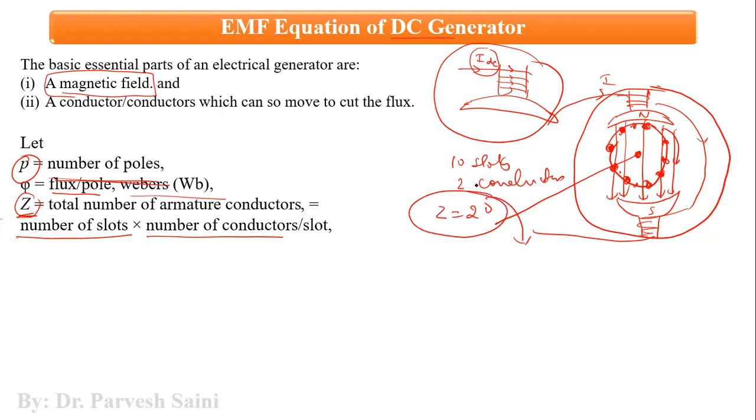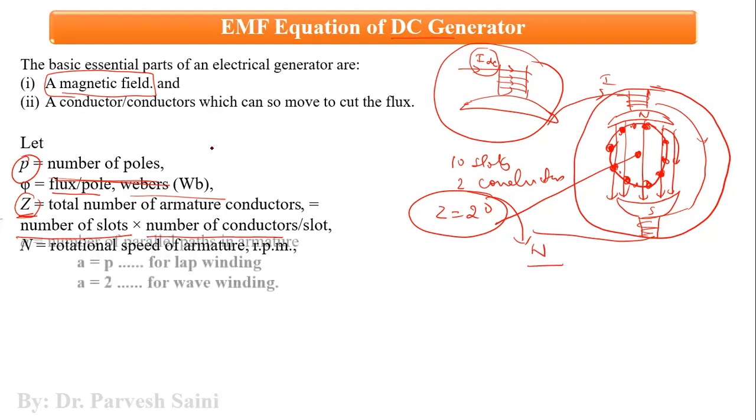So there are 20 conductors in all which are available on the armature of the DC machine, right? Now this is rotating at some RPM N, where N is the rotation per minute.